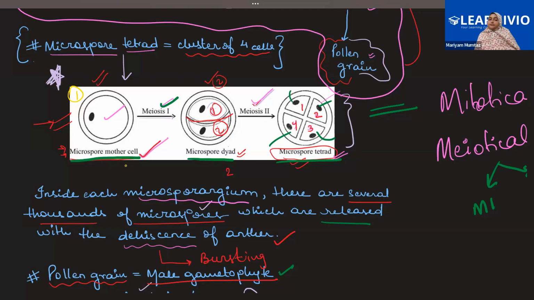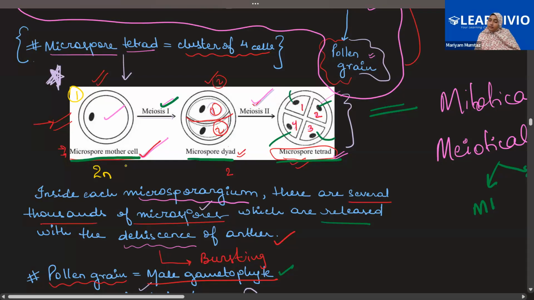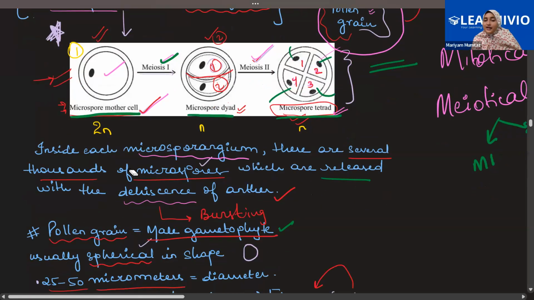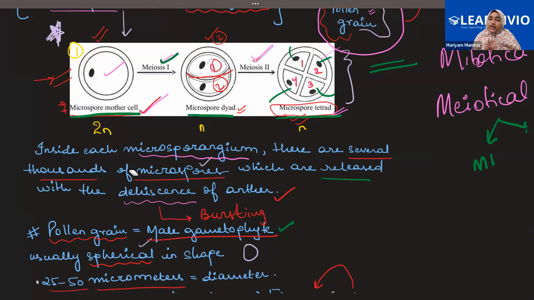It will be diploid, but then it will become haploid, because reductional division is happening later on. That's why. Now, inside each microsporangium, several thousands of microspores are formed and stored. And then they are released with the dehiscence of anther. You understand what is the meaning of dehiscence of anther?